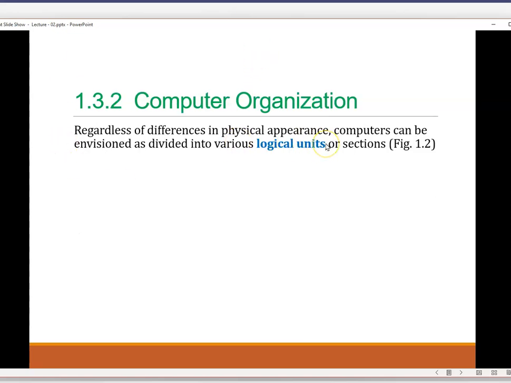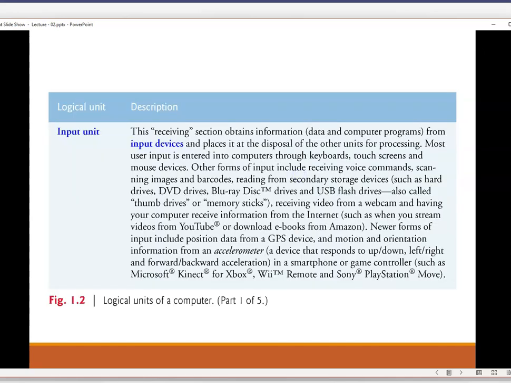So, regardless of how they look, computers typically are divided into various logical pieces. There's the input unit. These are devices for receiving input. This includes the keyboard, mouse, touch screens, voice commands, scanning images and barcodes, reading from the hard drive, anywhere data can come in. On gaming systems, you have accelerometers.